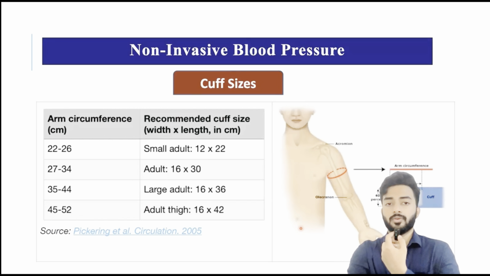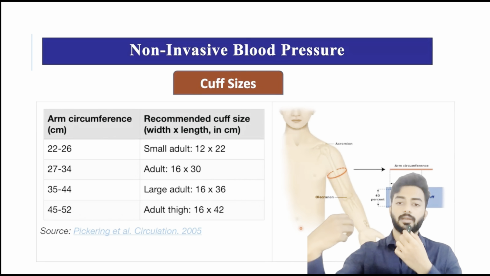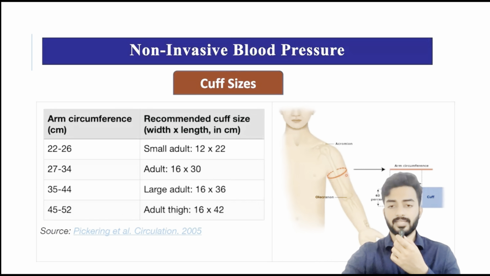Next we are going to non-invasive blood pressure. You attach the BP cuff over your right arm. What is the place we place the BP cuff? Between the acromion and the olecranon. For the BP cuff which we use, relative to the arm circumference, the bladder length should be 80% and the bladder width should be 40%.